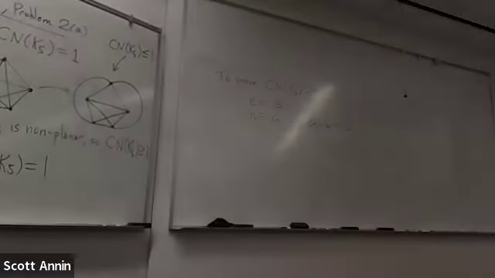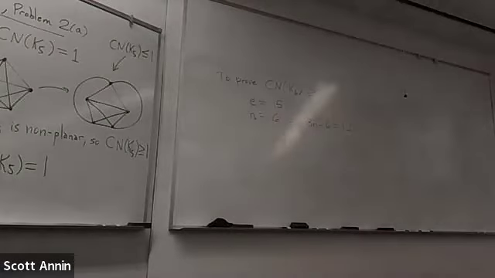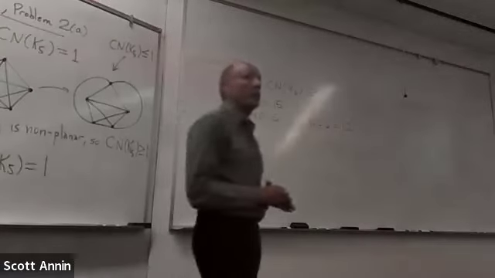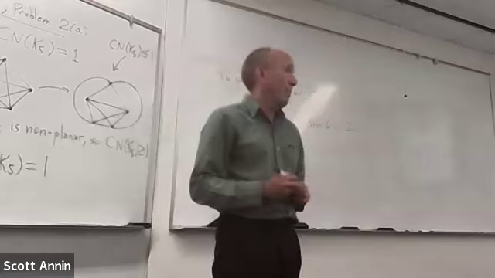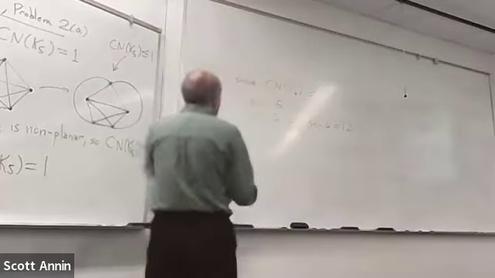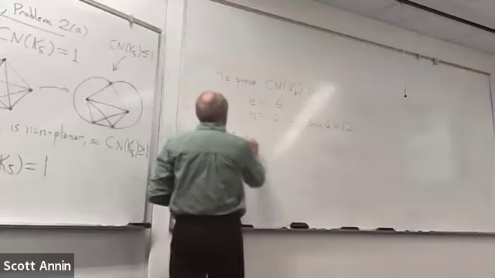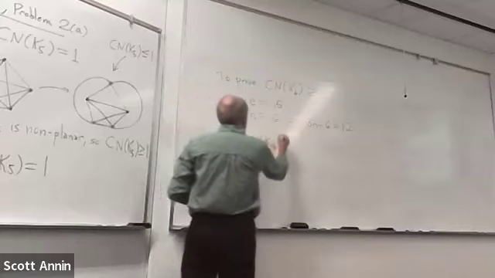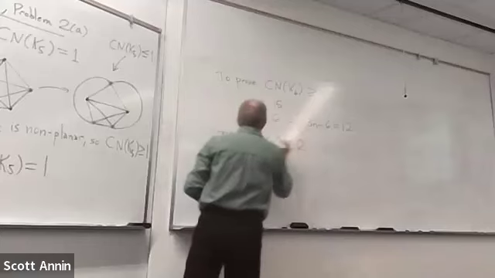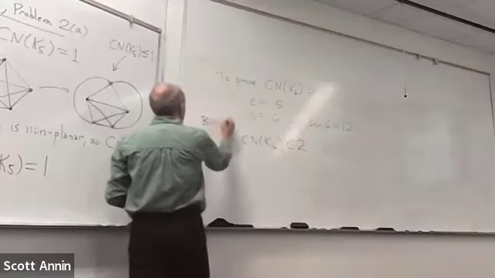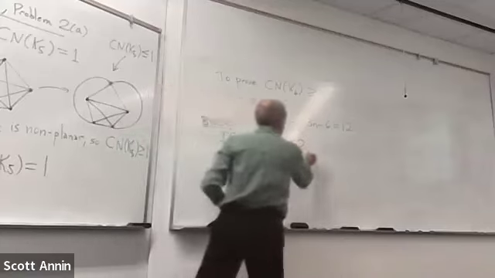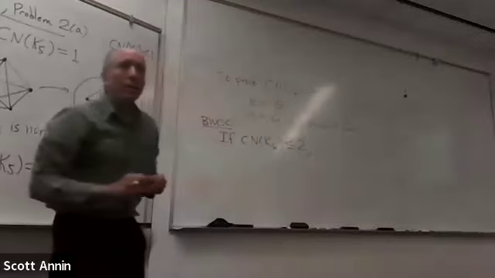Okay, so what I'm going to do is imagine, by way of contradiction, what if the crossing number was only 2? I want to prove it's at least 3. If the crossing number of K6 was at most 2, so this is by way of contradiction. Just want to make sure everybody can do this part of the reasoning.